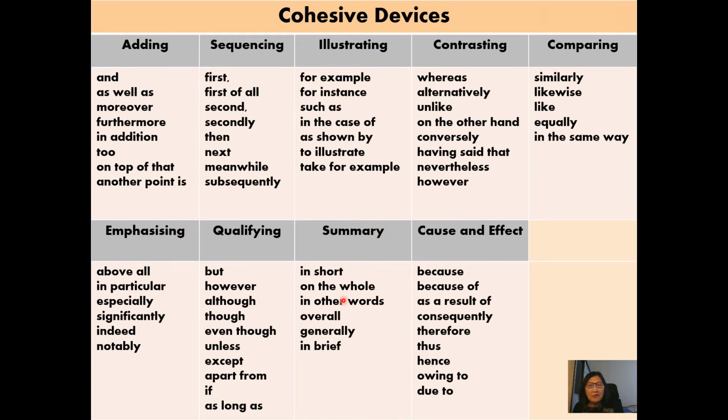Okay, just pick one or two of them. And also very often we have to show cause and effect relationship in our writing. So these are some of the linkers that you can use. Yeah. So if you look at this, some of these overlap. You see here, right? So they may overlap, but you can still use them for different reasons or different purposes.